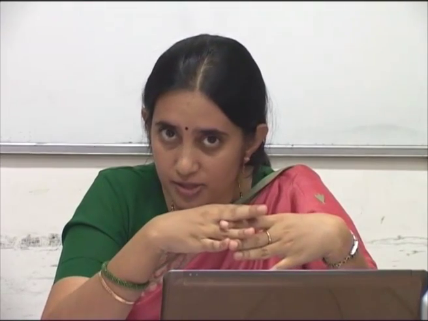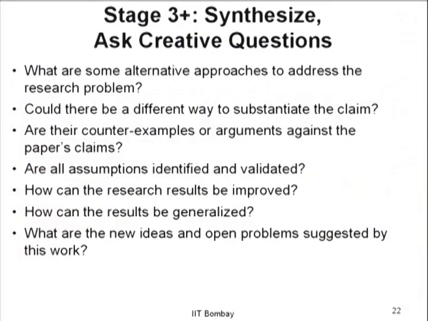So for example, the researchers might have come up with a result in one range of temperatures, and you may have an argument or a principle by which you can say that, well, in the other range of temperatures, the result is something completely different. So that gives you an idea for a new research problem, to extend or explore the same problem in a different set of conditions where the original results of the paper you have read may not hold.